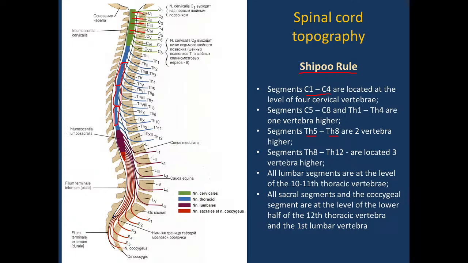And sacral and coccygeal segments are located at the level of the 12th thoracic and 1st lumbar vertebrae. This is the Shipo rule or spinal cord skeletotopy, because skeletotopy is a part of topography.